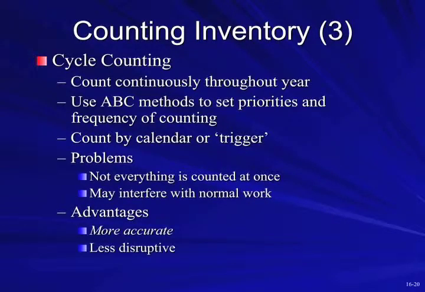In a cycle count, however, you can isolate just segments of your inventory. It is possible to continue some of your production, but quite often it's even good to stop your production when you're cycle counting as well.